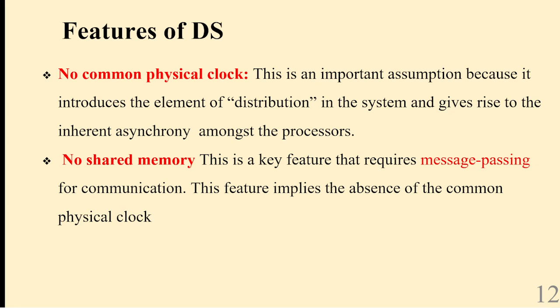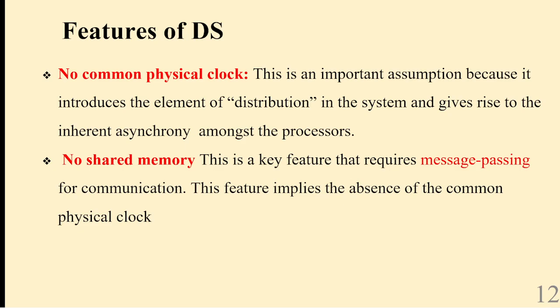Both clocks are different, each for their own, and they are not connected. They do not share a common clock. So for us it looks impossible, but actually their clocks are different. We'll learn more about that in logical clocks. So, no shared physical clock, or no common physical clock.